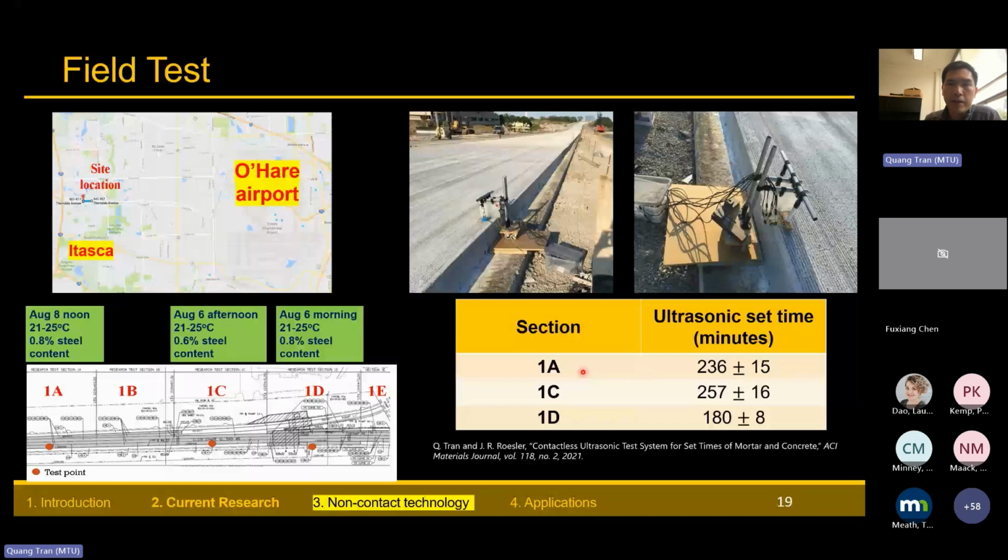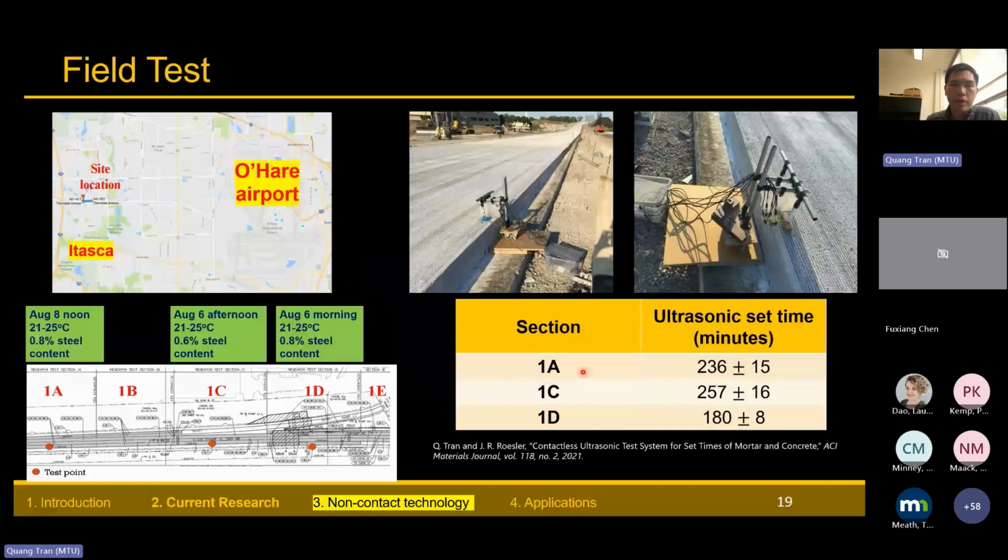When we applied these technologies, we found that the set time really varies between them, even though on average it's very close to the set time from the lab.